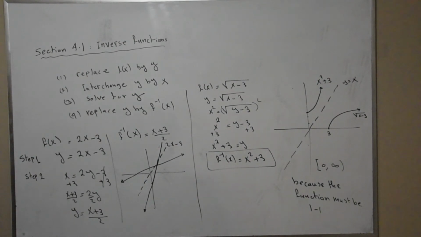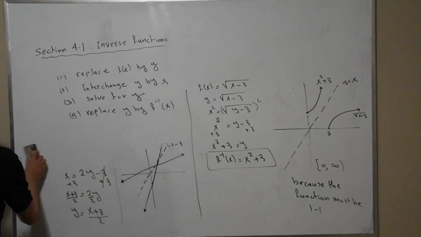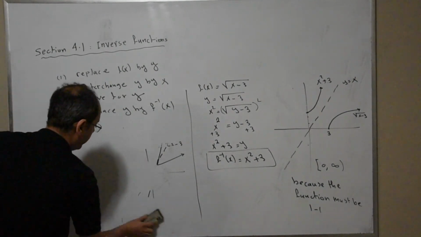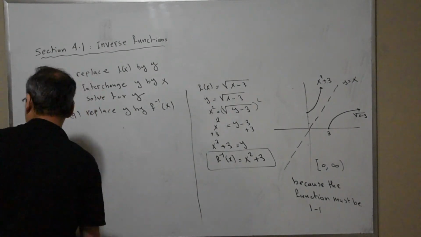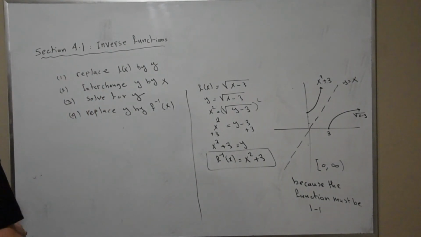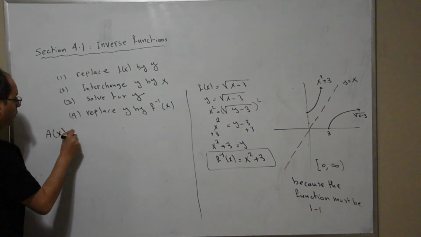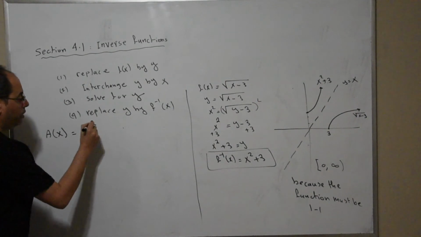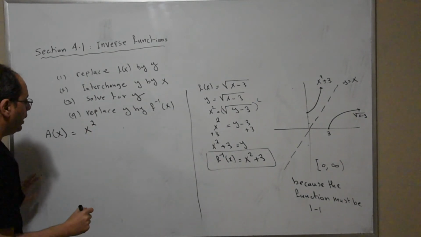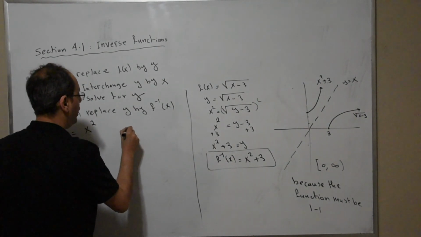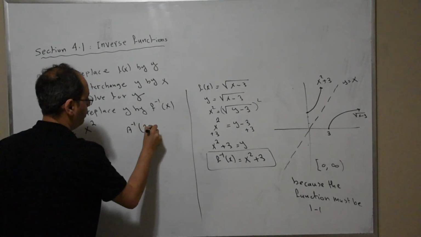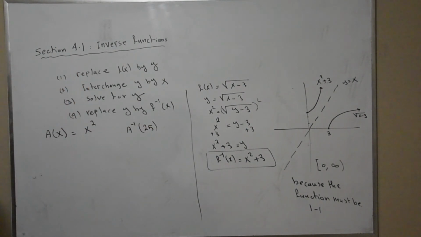And this is application 1. So again, we're going to find the inverse function for an area of a square. The area, a of x, is x squared. I want to find the inverse function and find a inverse of 25. Okay?